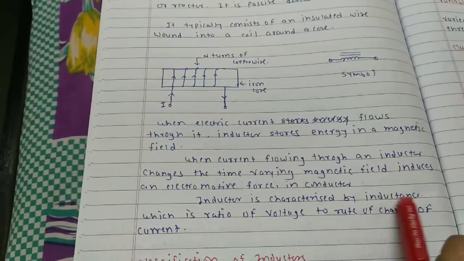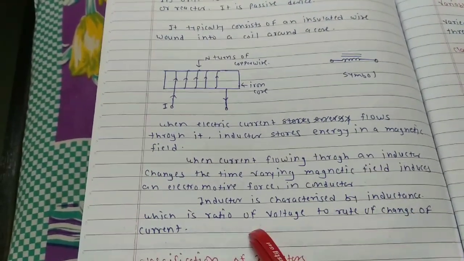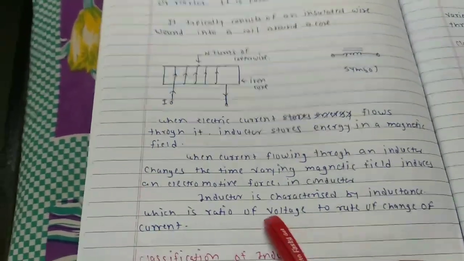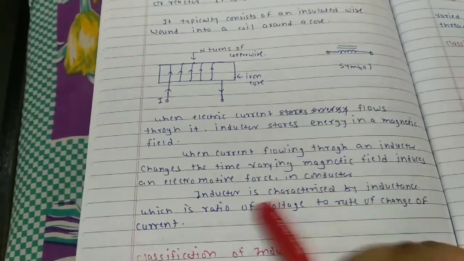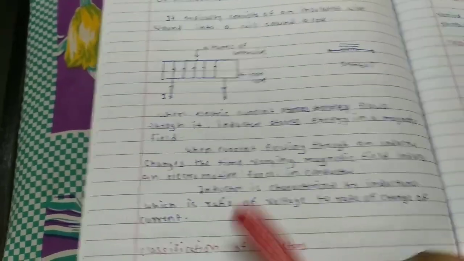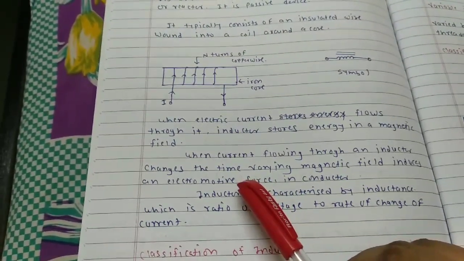An inductor is characterized by inductance, which is the ratio of voltage to the rate of change of current. So this is another, simple definition of an inductor.